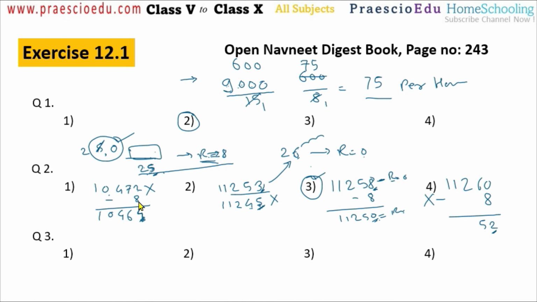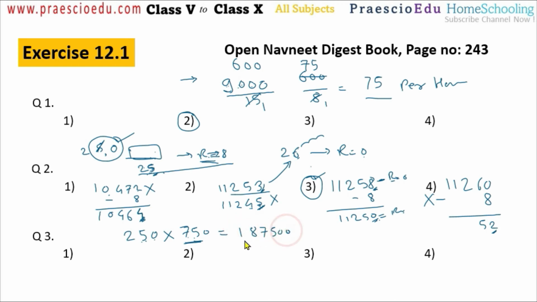So what amount was that? First of all we will multiply: 250 persons have contributed 750 each. This is the amount of each person, and how many persons are there? 250. So the multiplication of these two gives the total amount.